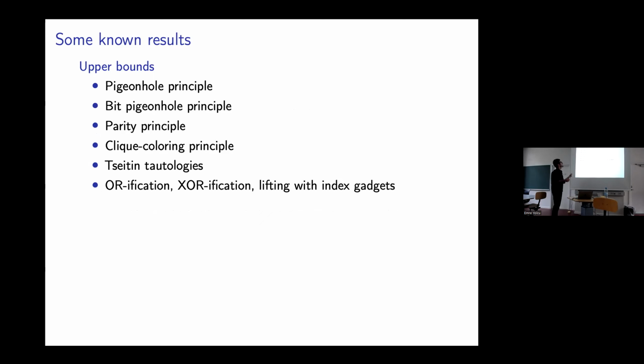The pigeonhole principle, as I already told you, says that you can have an injective mapping from n+1 elements to n elements, which is unsatisfiable, so we refute it. And the bit pigeonhole principle is a different encoding of that one.